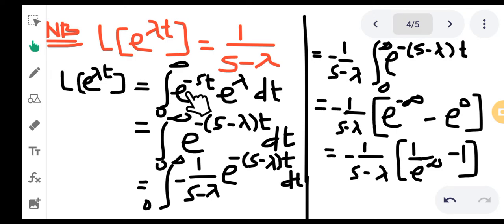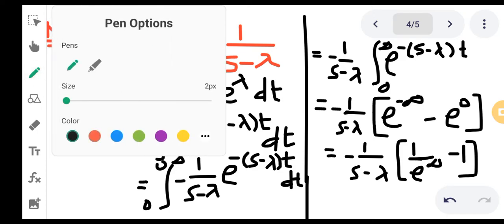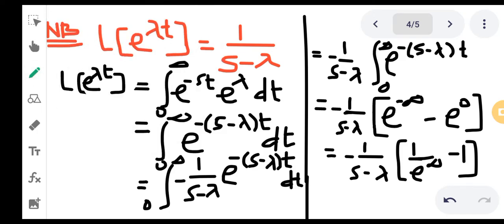Then this is my e exponent minus st. So this was the function, that's e exponent lambda t, and this is the dt.